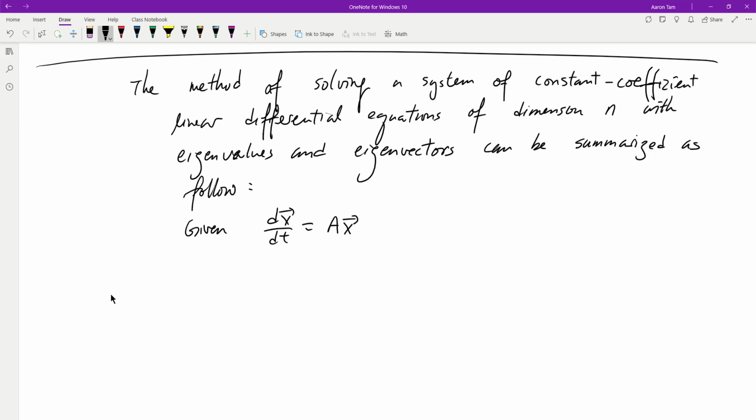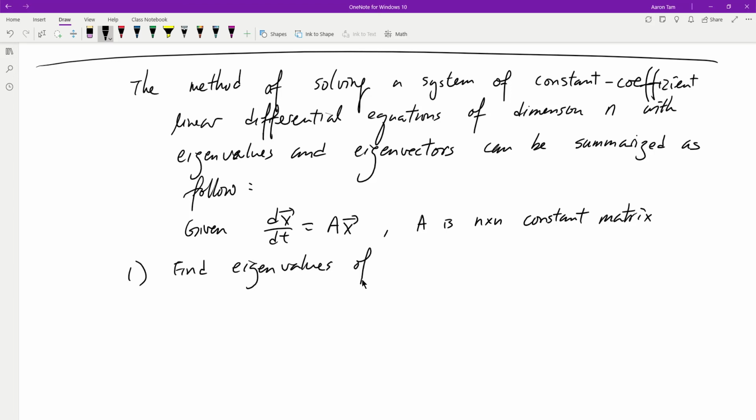So in this case, A is an n by n constant matrix. So the first step is to find the eigenvalues of A using the equation: the determinant of A minus lambda I is equal to 0.